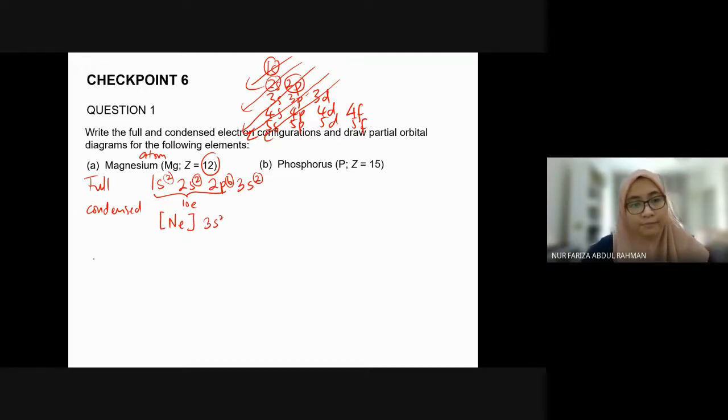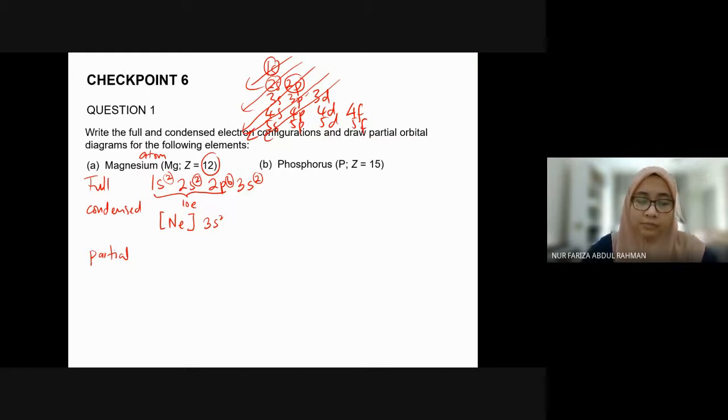Maybe you can also prepare the partial electron configuration, just to practice and familiarize yourself with the types of electron configuration that could be asked in the exam. If the question is asking for partial, but you give the full electron configuration, even though it is correct, it will be wrong.